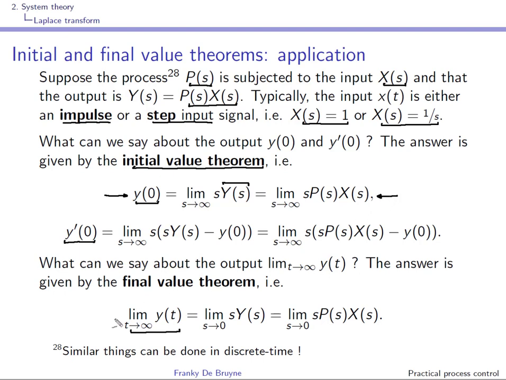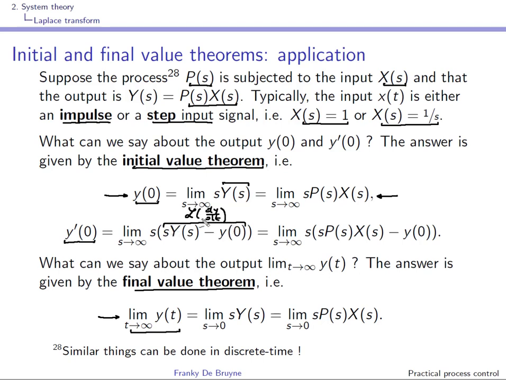You have something very similar, of course, for the steady state value. This is really a straightforward application of the final value theorem. What is maybe a bit new is that you can also obtain information about the derivative of y at the origin, because this is here simply the Laplace transform of the derivative of y with respect to time, right?